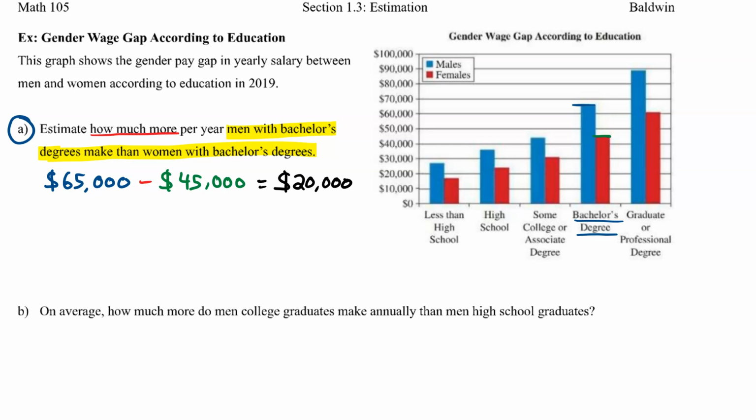Part B says, on average, how much more do men college graduates make annually than men high school graduates? And actually, we're going to change this from college graduates to bachelor degrees. So how much more do men with bachelor degrees make annually than men with high school degrees?